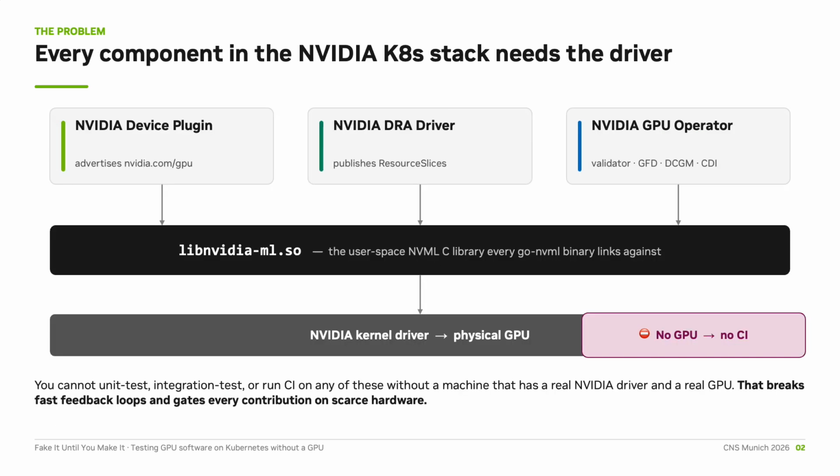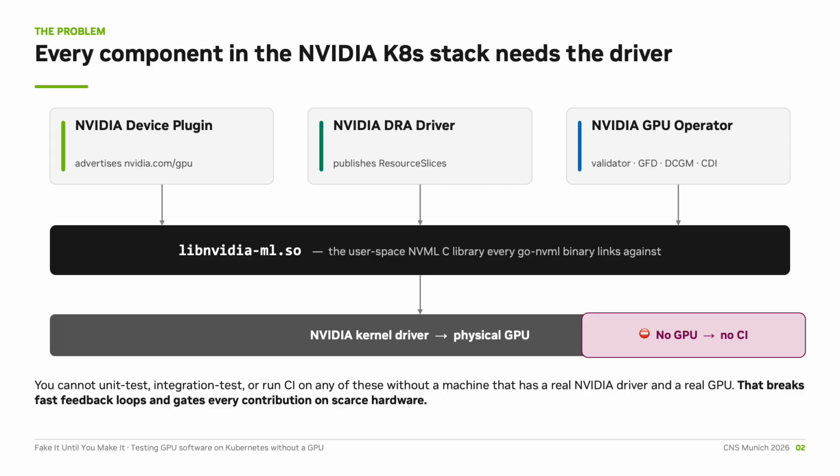The hard part is that for cloud native, every component of the Kubernetes stack requires you to have a real GPU to test, or you are basically blocked. You need the NVIDIA driver, you need the device plugin or DRA driver, depending on whether you're using the new thing or the old, and you need the NVIDIA GPU operator to at least get your cluster ready so you can run GPU workloads.